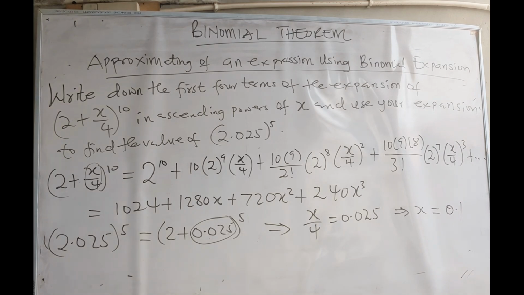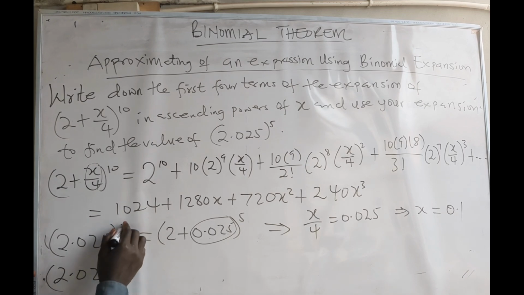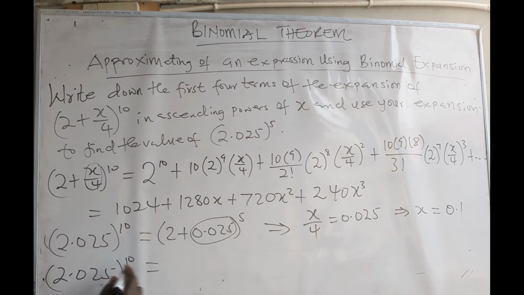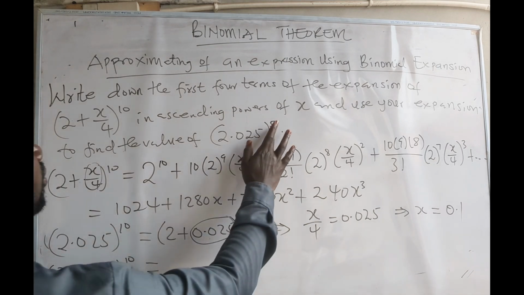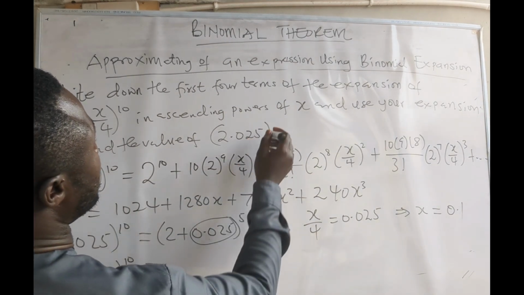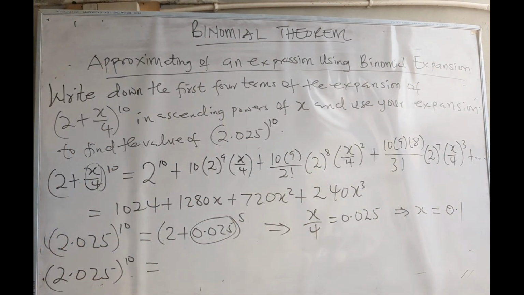All right, 0.1. Then I can now say 2.025 exponent 10. Okay, so the exponent should be the same. All right. So we are going to use it to evaluate exponent 10.